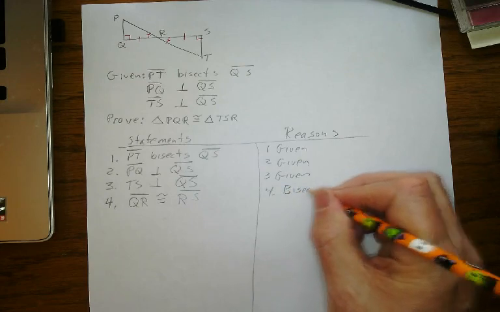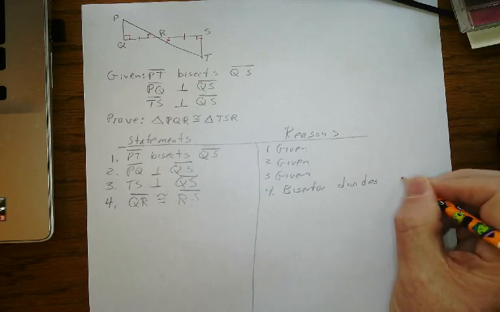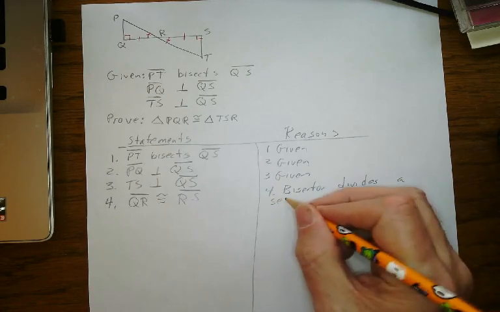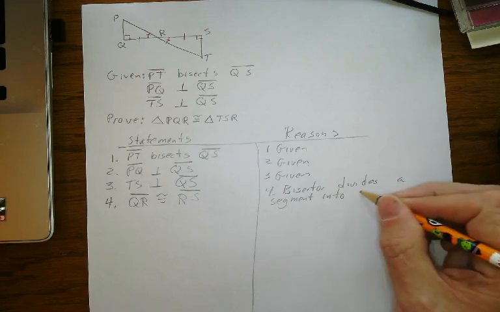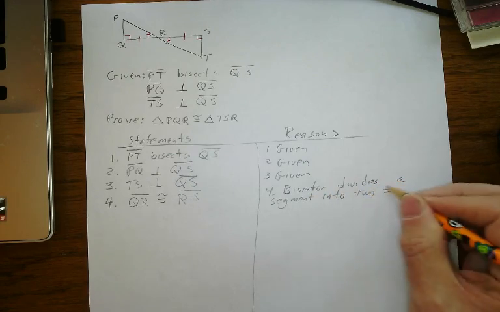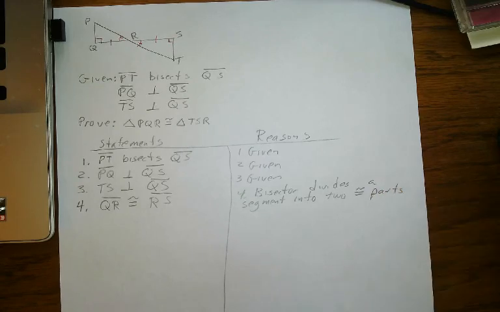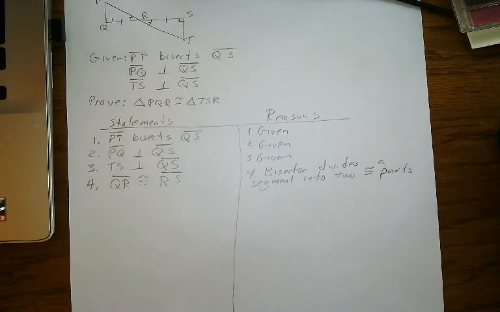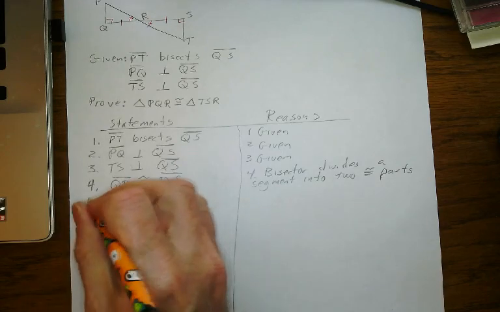Or you can say a bisector divides a segment into two congruent parts. If you had just written definition of a bisector, I would be fine with that. Okay, what else did I write? What else did I mark?